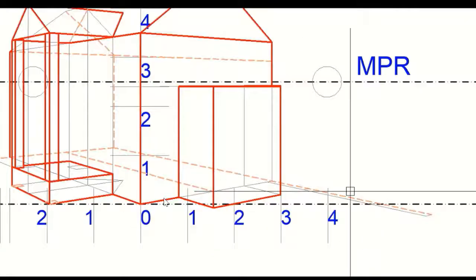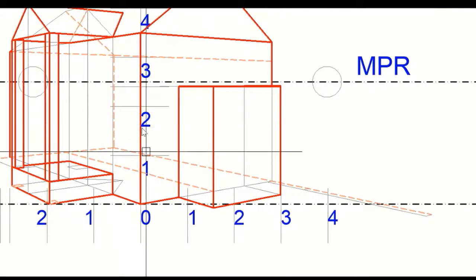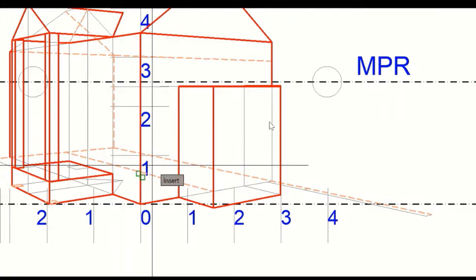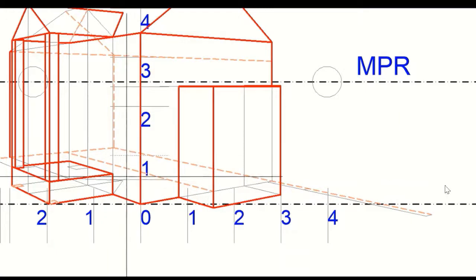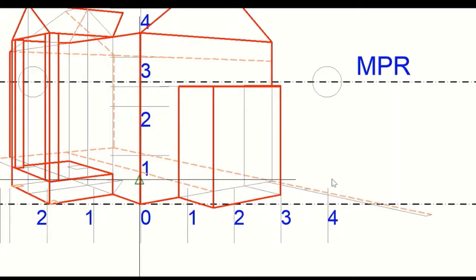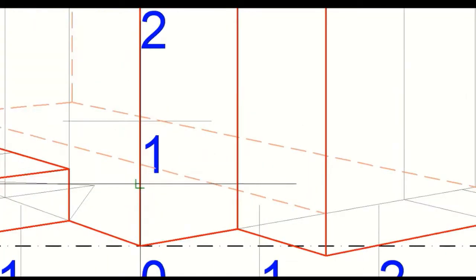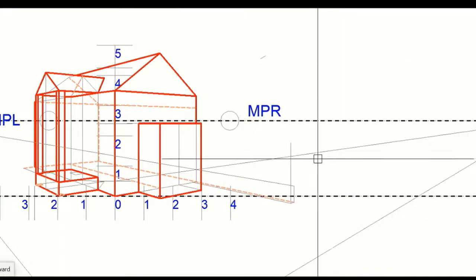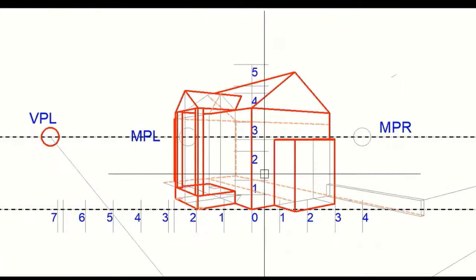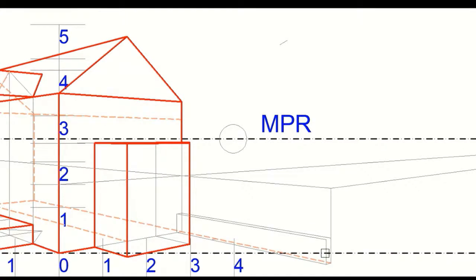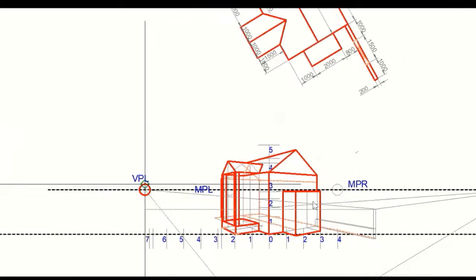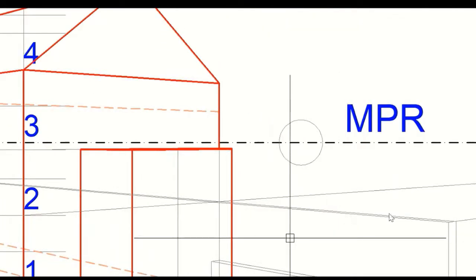This is 1.5 meters, so we will take height 1.5 meter here, transfer here, and then transfer this height at this point, and then it will draw the perspective of this wall at the back. Like this height is 500 mm, but we have to take 1.5 meter.